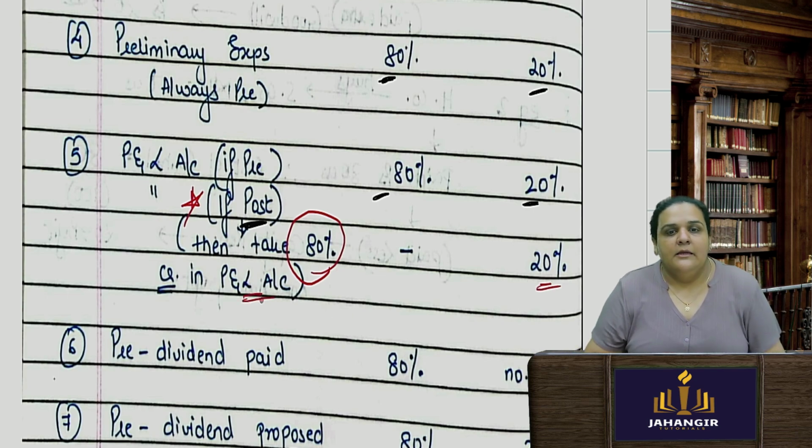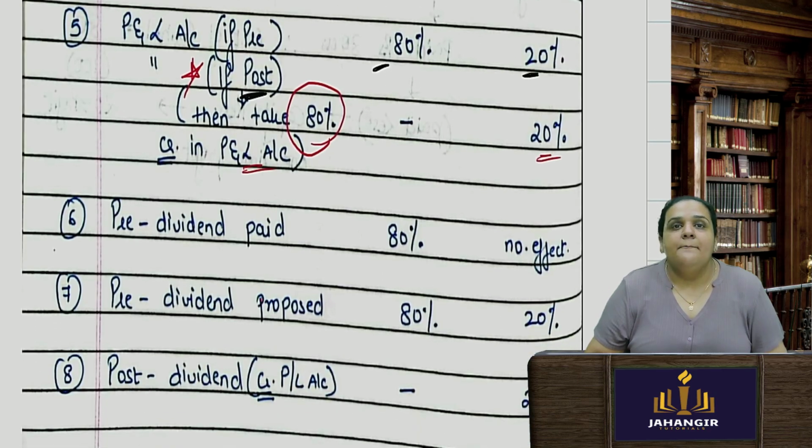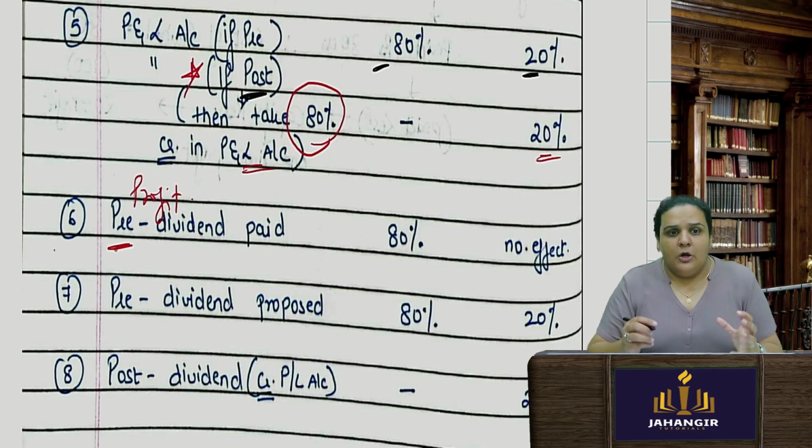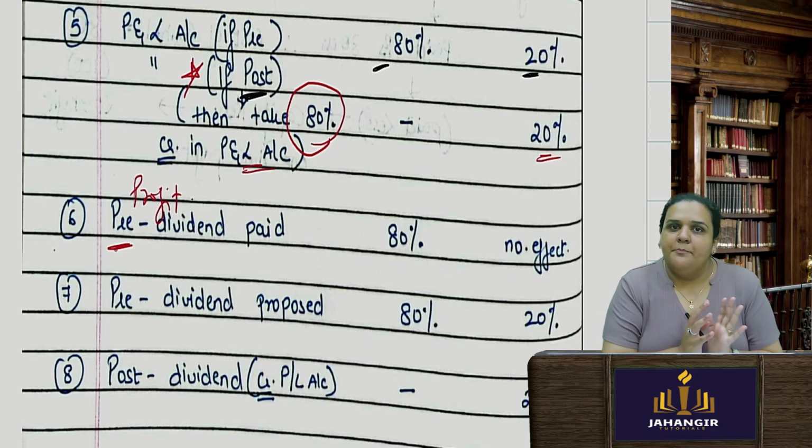Then if there is any pre-dividend paid. Okay, if it is a pre-dividend and now it is getting paid. Now, how will we come to know whether it is a pre-dividend or post-dividend? We will see which profit it is, whether that profit is pre or post. If it is a pre-profit, we will take it as pre-dividend, because in order to pay dividend, we need profits.